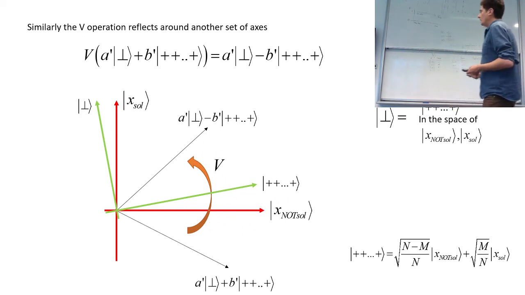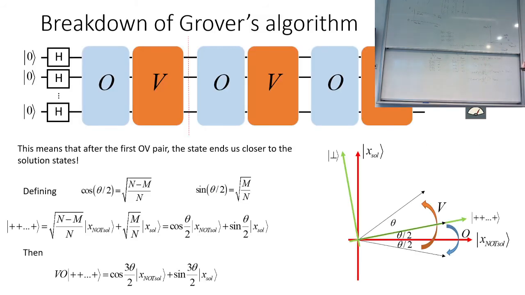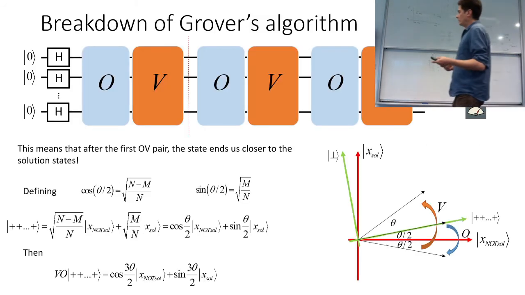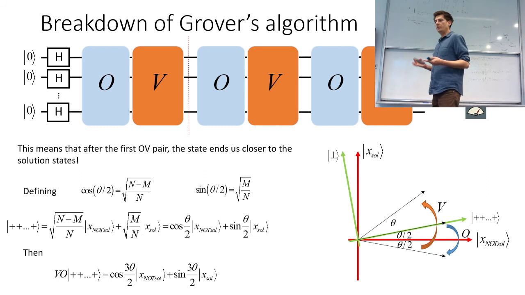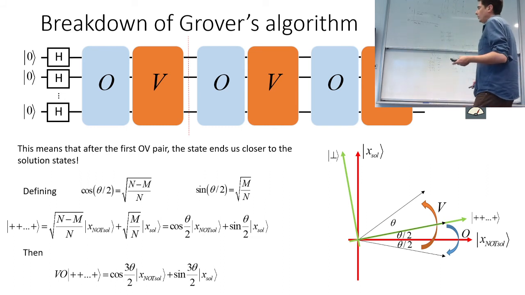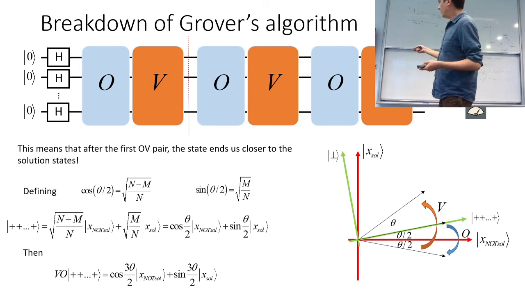So essentially what you can then do is, purely from geometry in this two-dimensional space, just think of the multiple reflections that this initial state is going to do.